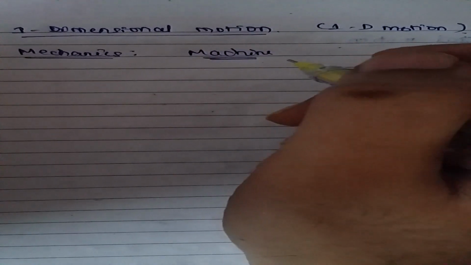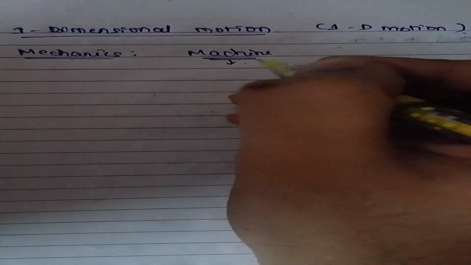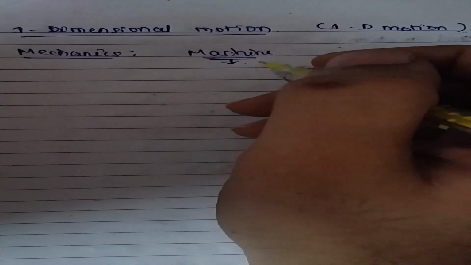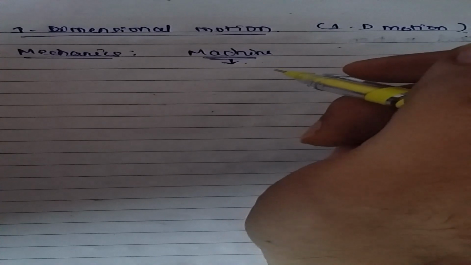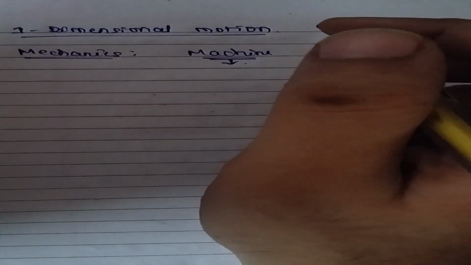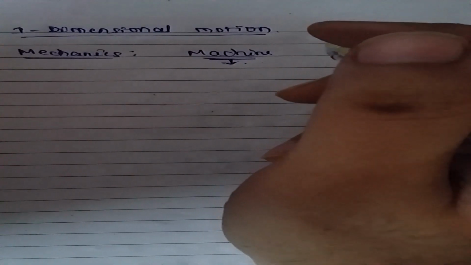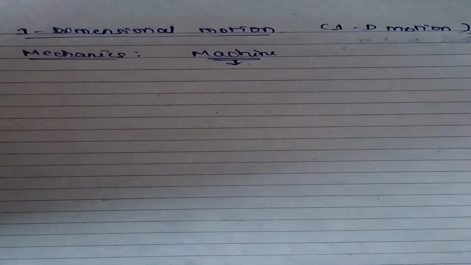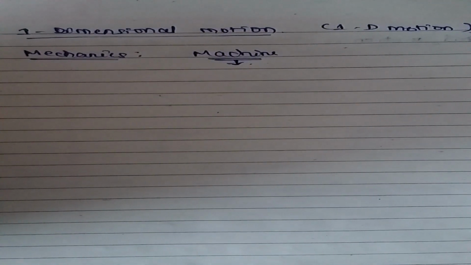The word machine we are already familiar with. In our daily life we are using a lot of machines. Some of the machines are moving during their working, and some are not moving during their working.